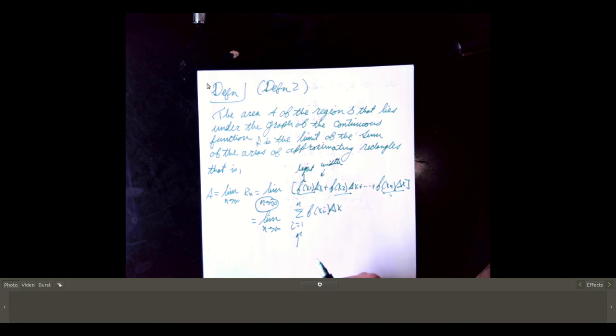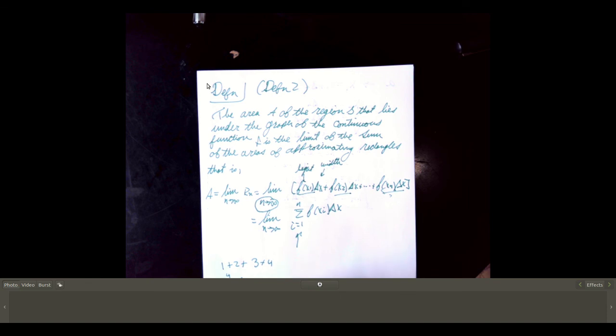To denote repeated summation, you could write 1 plus 2 plus 3 plus 4 as the sum as i is equal to 1 to 4 of i.